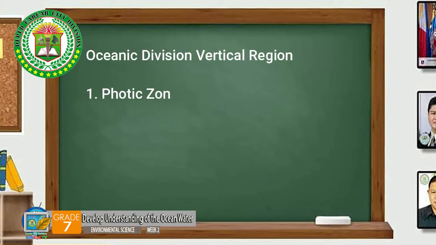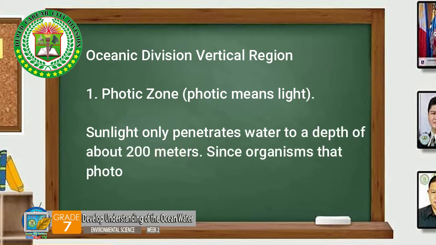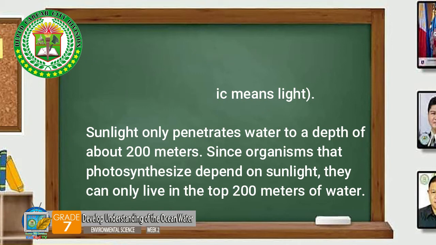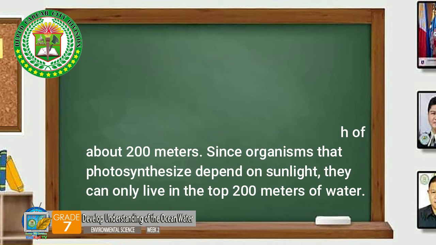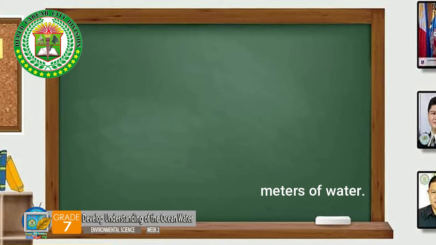Oceanic divisions, vertical regions. First, the photic zone. Photic means light. Sunlight only penetrates water to a depth of about 200 meters. Since organisms that photosynthesize depend on sunlight, they can only live in the top 200 meters of water.